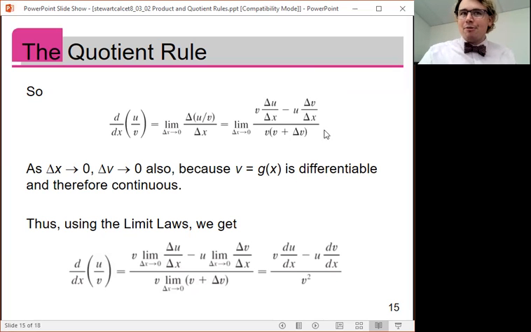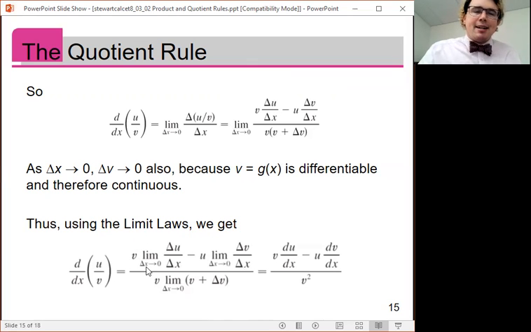Now, the reason for that is since we're taking the limit as delta x goes to 0, I'm trying to get deltas on top of other deltas. That's where this formula is going to give me derivatives. So in the limit as delta x goes to 0, let's go ahead and calculate those limits on the top and the bottom separately.